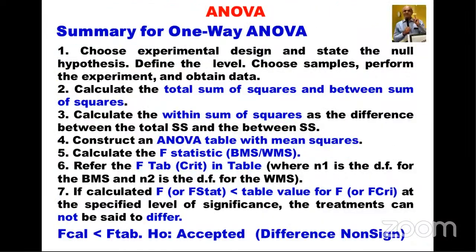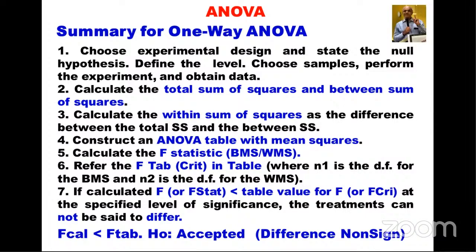So summary of one-way ANOVA. Important things are TSS, BSS, and WSS. Whichever design we want, have the data, choose the level, choose the factor, and perform the experiment and have the data. Then get BSS, WSS, and so on. Paste the data in the table in the Excel sheet and go as per the steps we did.